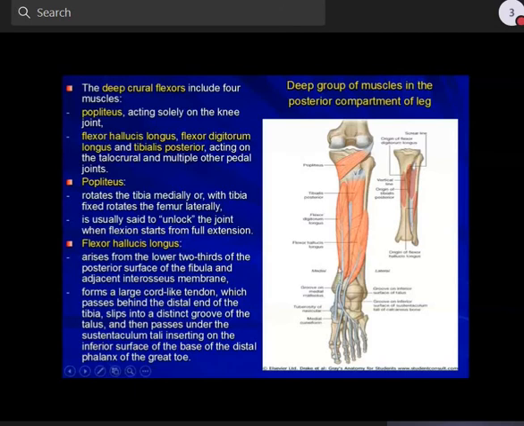And this is accompanied by 2 other movements of the subtalar joint: adduction, and plantar flexion of the subtalar joint.